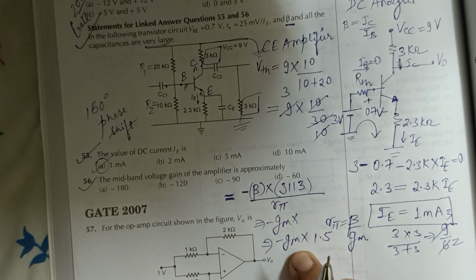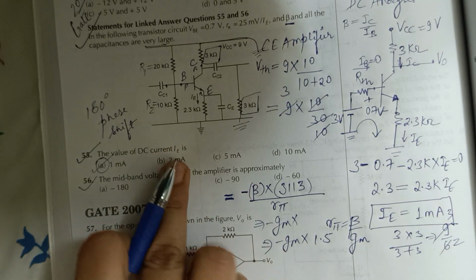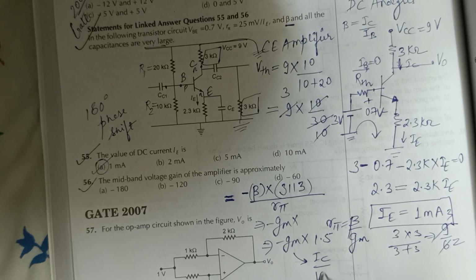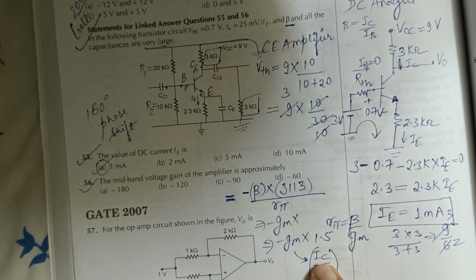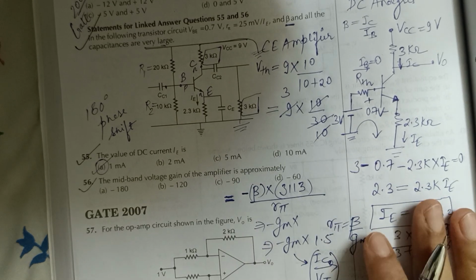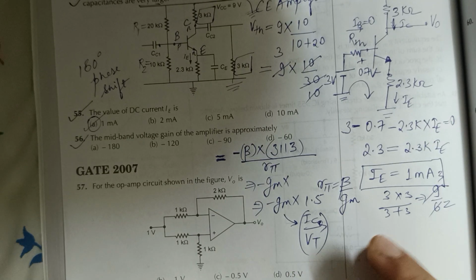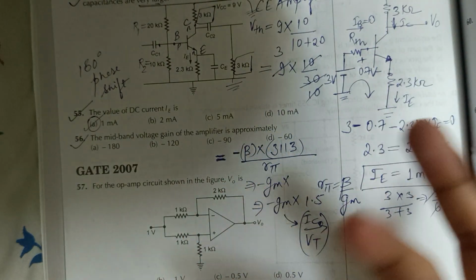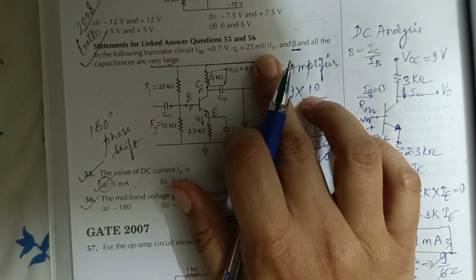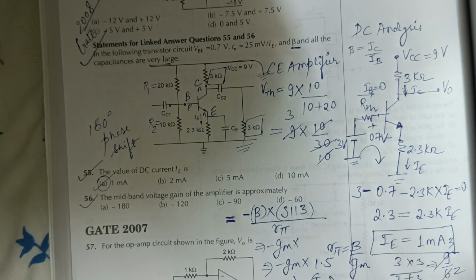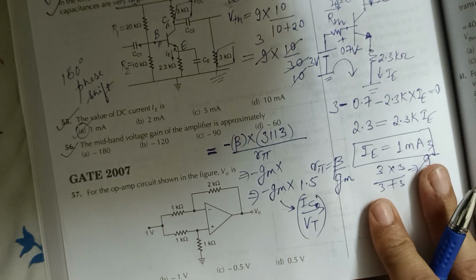What is the value of gm? You can calculate it because IC you have already calculated, and gm is IC by VT. This is the quiescent DC current, and you simply divide it by VT, which you can take as 26 millivolt or 25 millivolt, whatever you want.